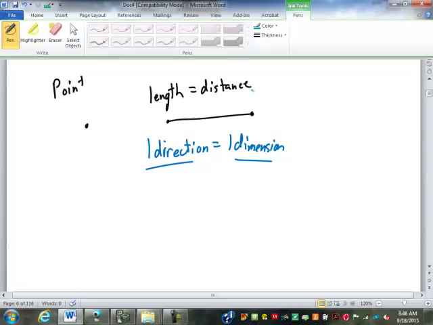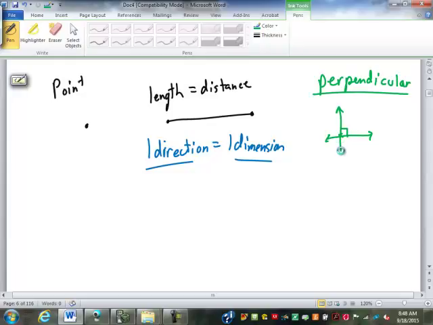So anyway, we moved in one direction, it created a one-dimensional object. Now a concept in geometry that's very important is the concept of perpendicular. You guys all know what a right angle is, correct? It's a square corner. Well, perpendicular is going to the next stage. 2 lines that form a right angle are perpendicular.